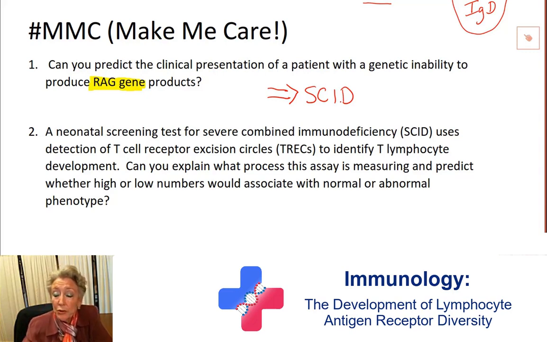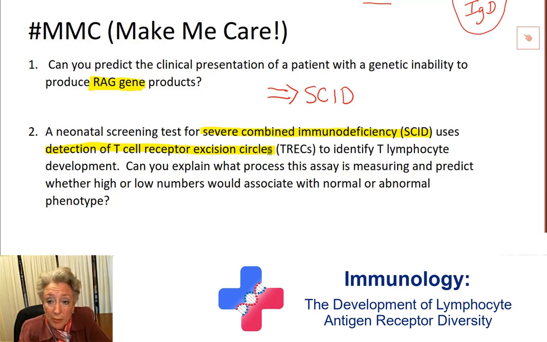My second question to you concerns a neonatal screening test that we haven't talked about yet, but it again is a screening test for severe combined immunodeficiencies. And there are actually many of them, but this particular blood test on the child takes a drop of dried blood and then tests it for detection of T cell receptor excision circles, or TRECs. Now, I want you to think about that word, T cell receptor excision circles.